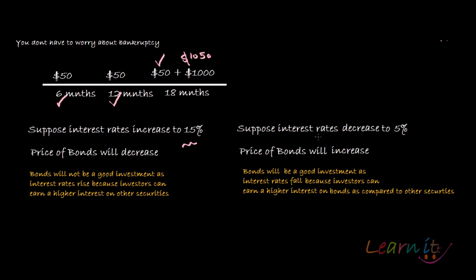While in case the interest rates are falling, this 10% bond would be a better investment, because you're getting a higher return on the bond as compared to other securities. So the price of this bond will increase because demand for this bond will increase. You getting the point?